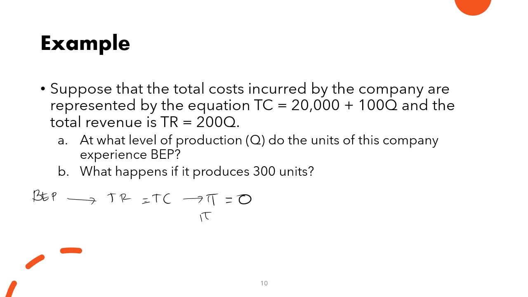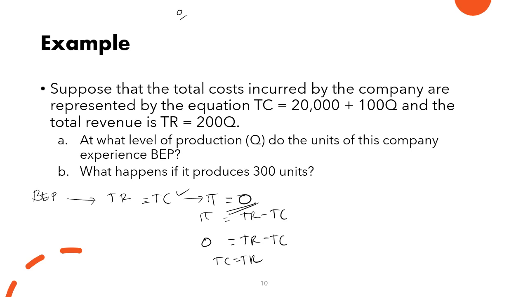From the equation before, profit is TR minus TC, and when BEP happens, profit is 0, so put the 0 instead of the profit, and then write down here. So then TC goes to the left. That is, TC equal to TR is the moment of BEP.